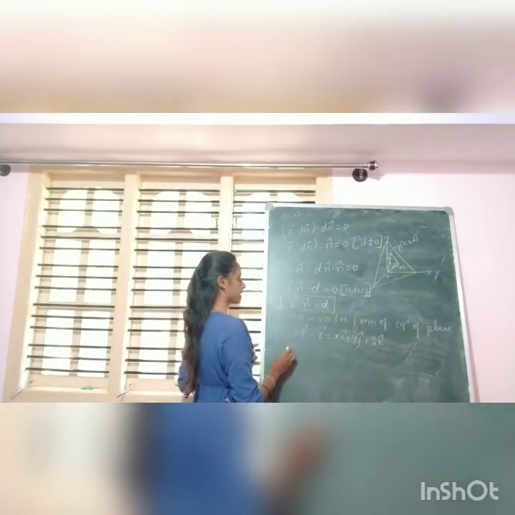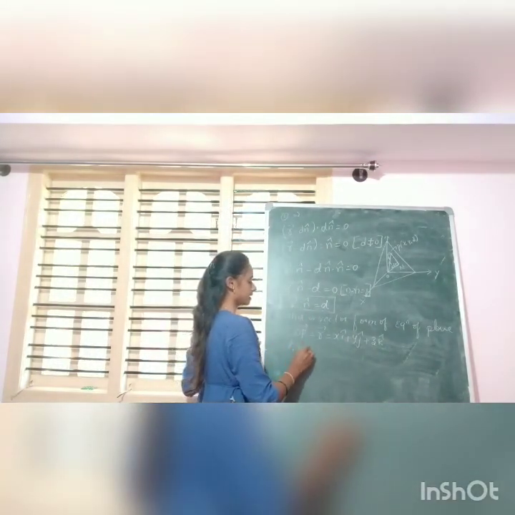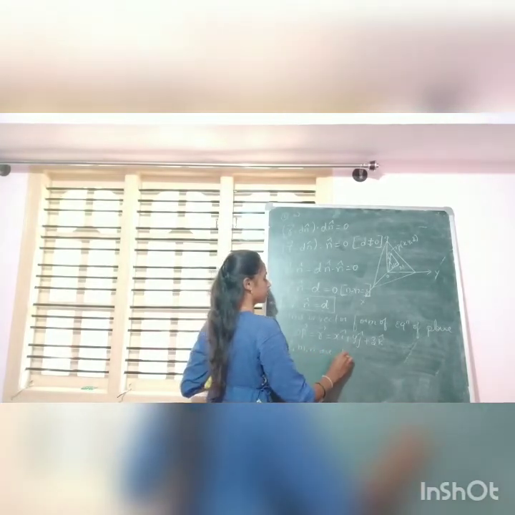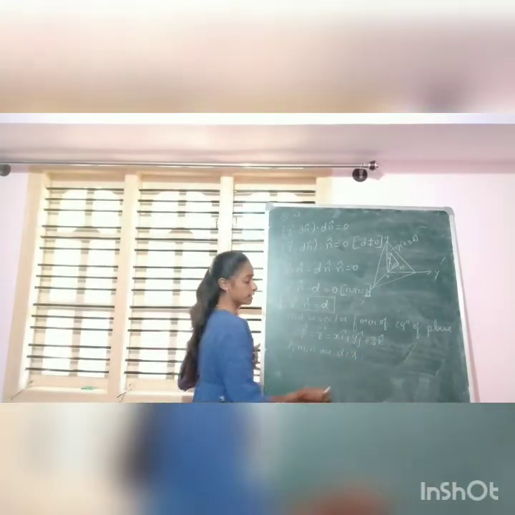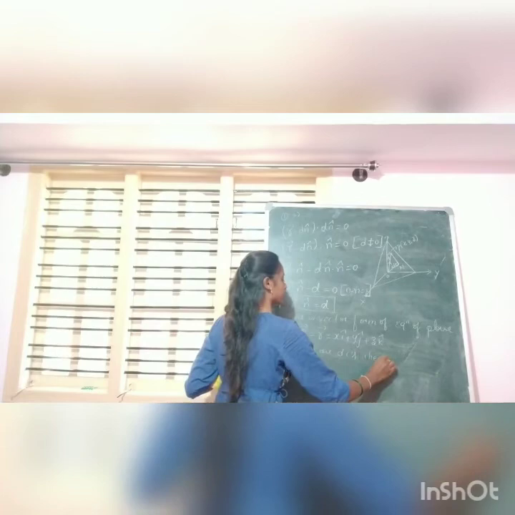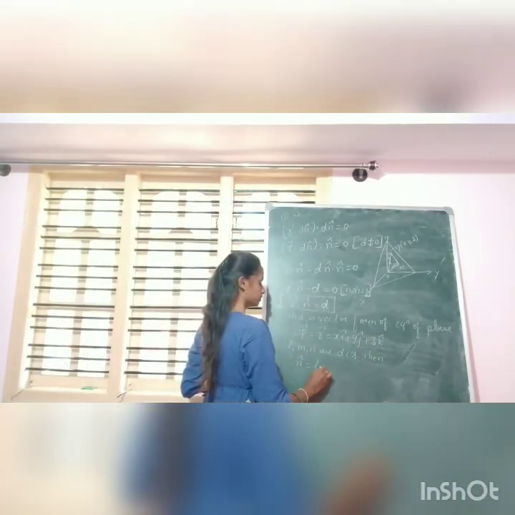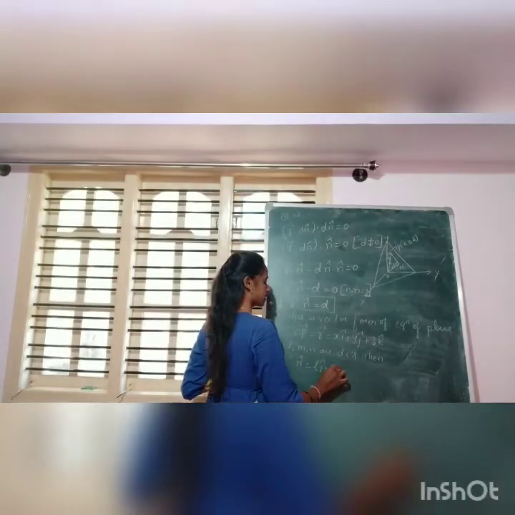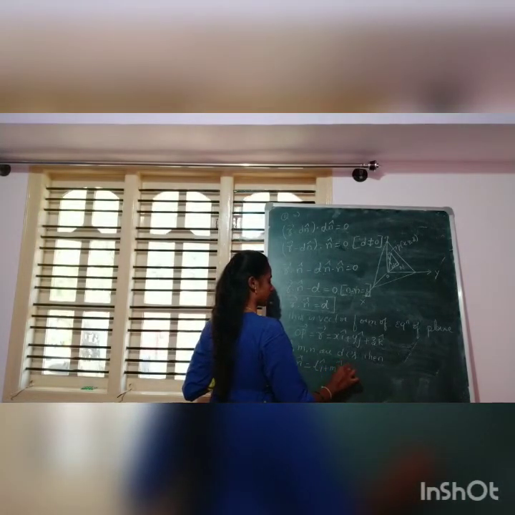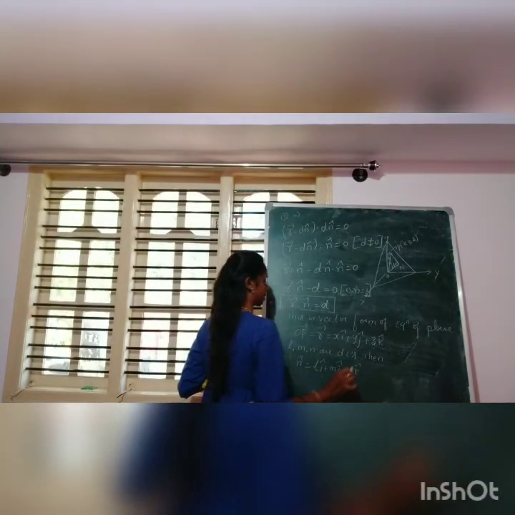Next I can take N cap. For that, L, M, N are direction cosines. Then unit vector N cap can be written as Li plus Mj plus Nk.